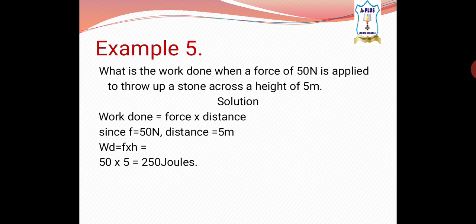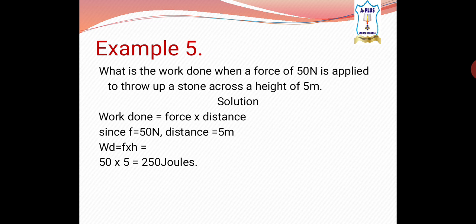Now let's take example 5. What is the work done when a force of 50 Newton is applied to throw up a stone across a height of 5 meters? Note, we're given force and we're given the height.